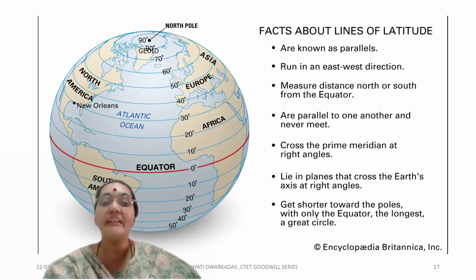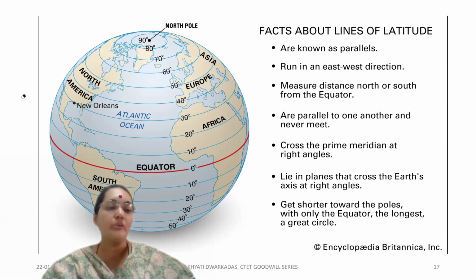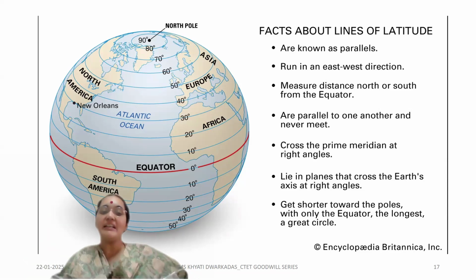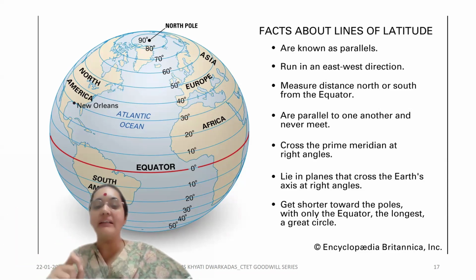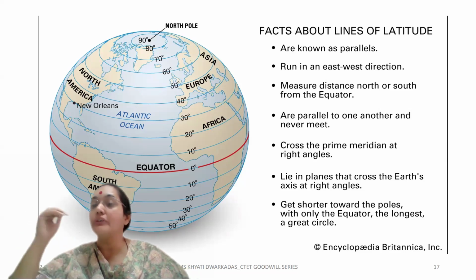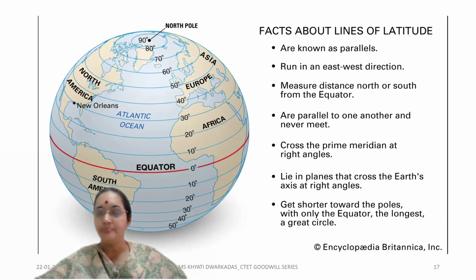Remember, when you write them also, you will write them as north or south of the equator. Never will you write latitude as just a degree. We don't write 10 degrees. We write 10 degrees north or 10 degrees south. Because the latitudes are measured north or south of the equator.